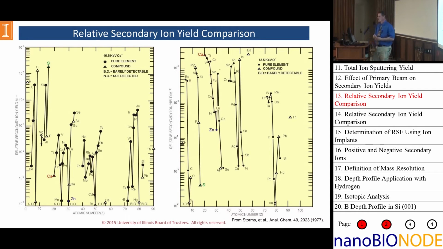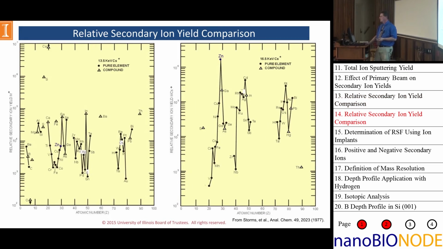Zinc is one of those strange elements that tends not to be good with either positive or negative secondary ions, but what they found was that if you look for zinc plus cesium or cadmium plus cesium with positive secondary ions, you can actually get good signal. So we do have ways around it even with those difficult elements. Zinc tends to be a very popular dopant for gallium arsenide.